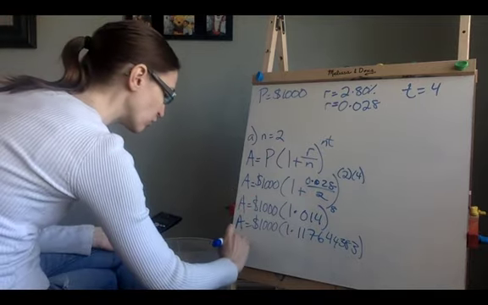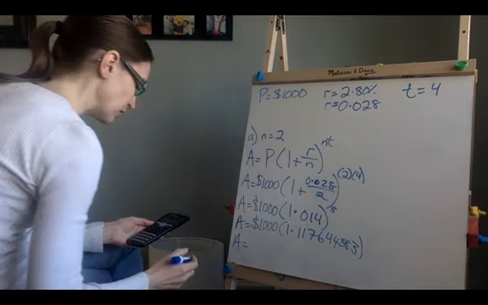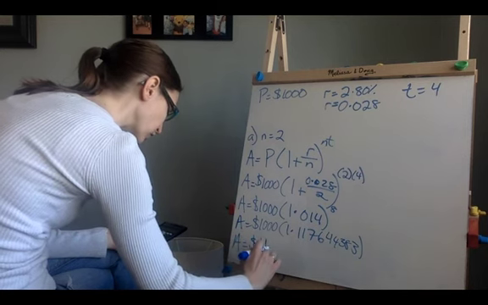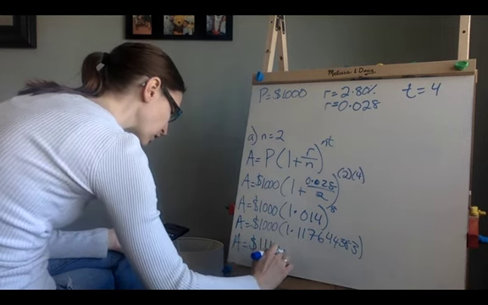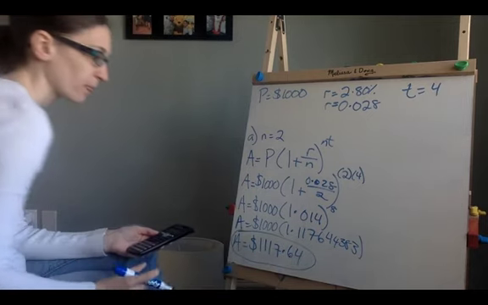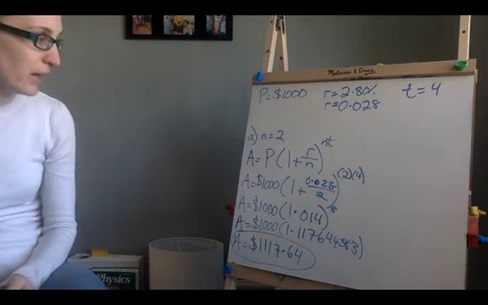Then you can round to 2 decimal places because we are dealing with money, so dollars and cents is as far as we're going to go. This gives us a value of $1,117.64. So there's our value for A.